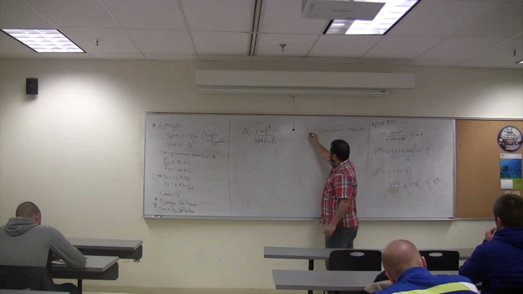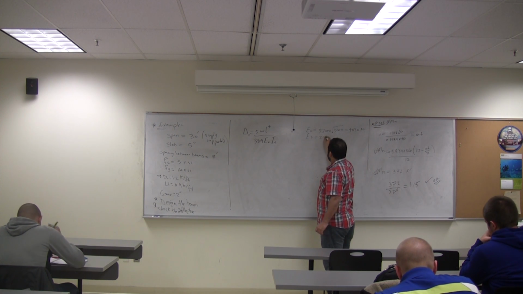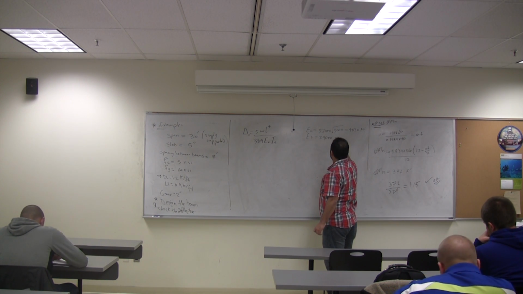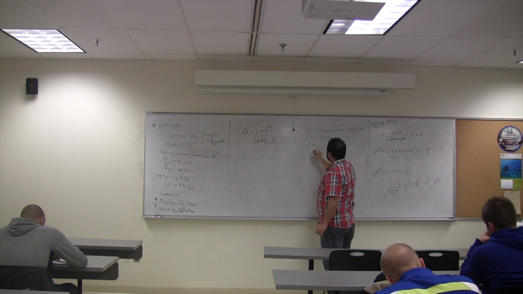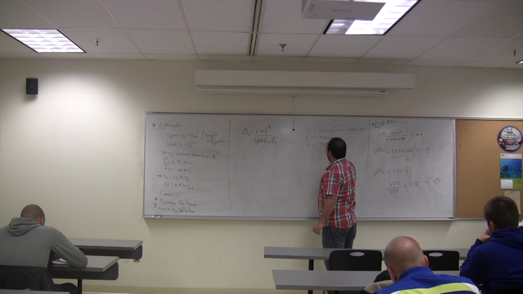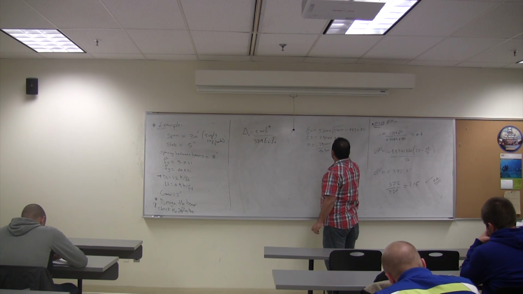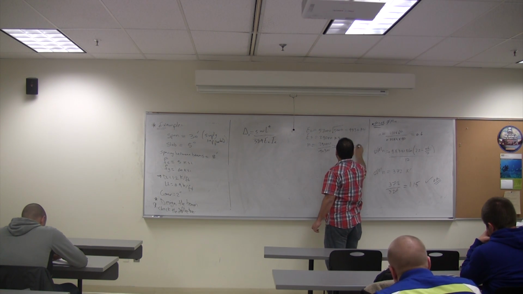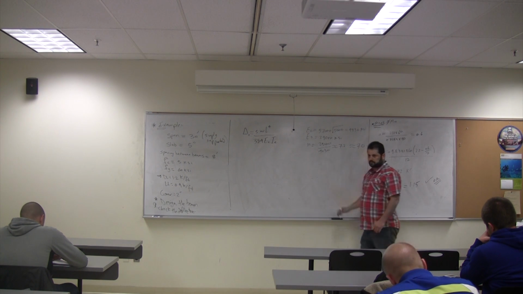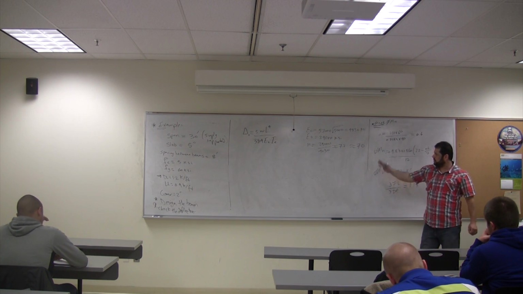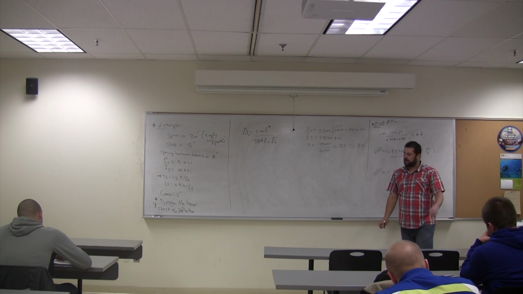What's Es? 29,000 ksi. What's n? 29,000 over 4030, approximately 7.2. So we're going to use approximately 7 for our calculation.